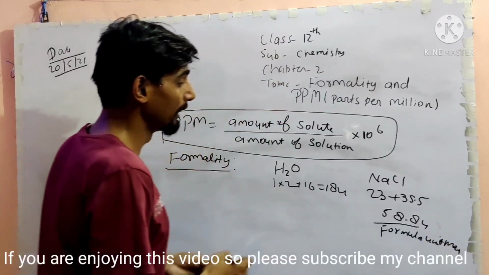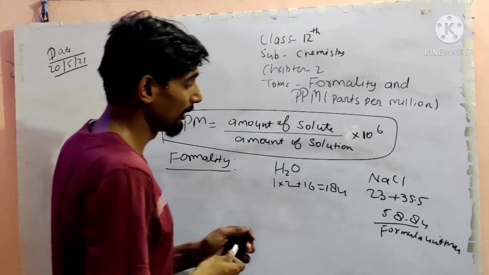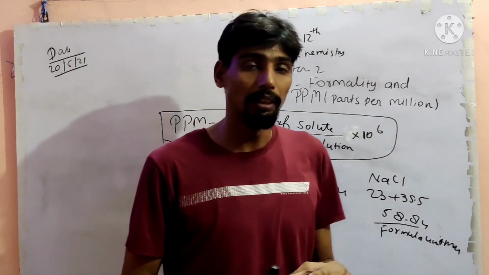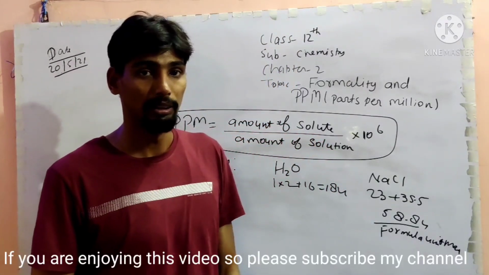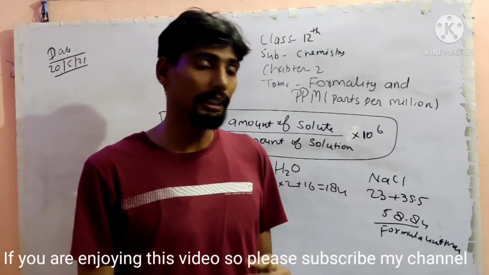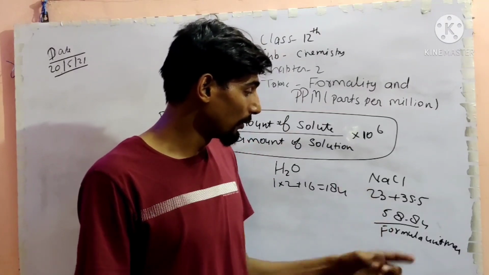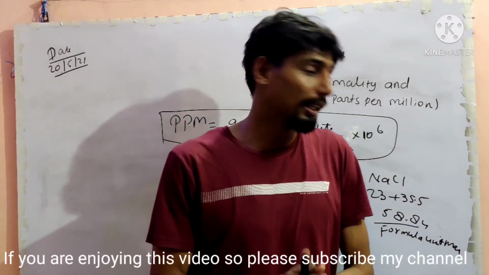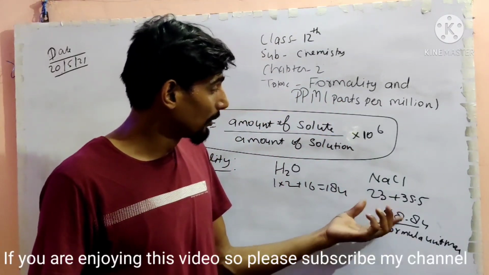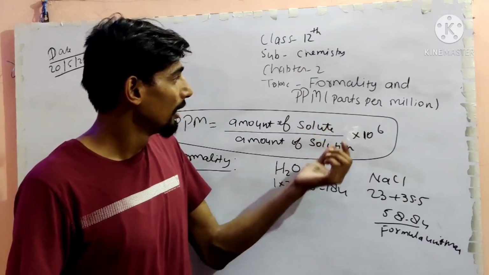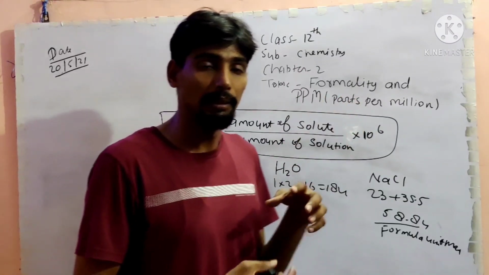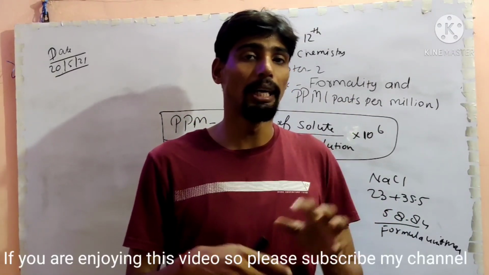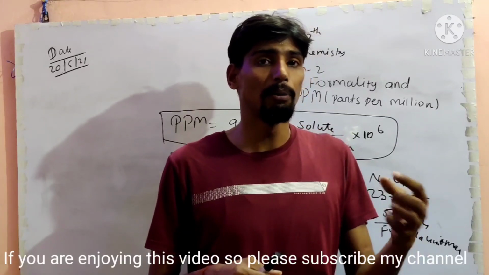So you can easily differentiate between formula unit mass and molecular mass. Formula unit mass is calculated for ionic compounds. If the compound is ionic, then we calculate the formula unit mass of that ionic compound. When the formula unit mass is calculated, then we can calculate the formality. This is the simple basics of molarity. What is molarity? Number of moles of solute.